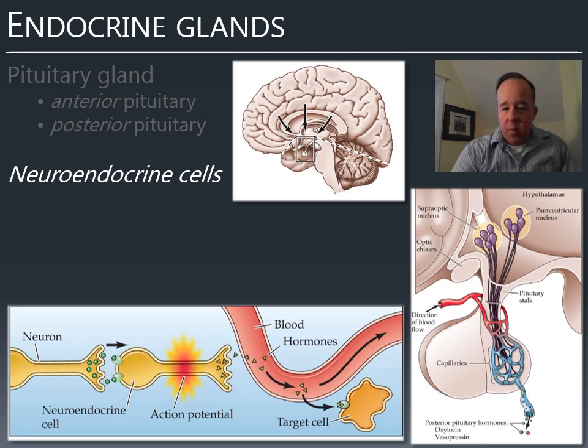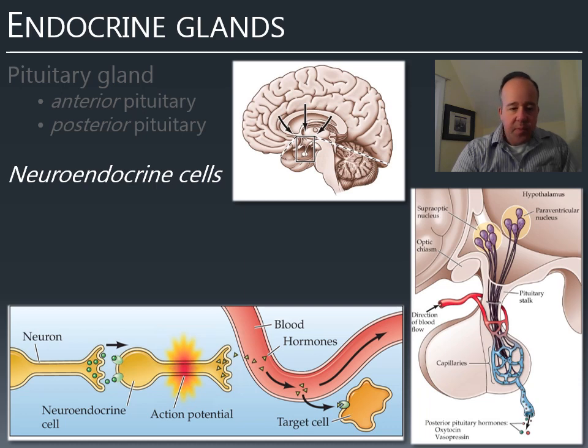And so the posterior pituitary, that is the half of the pituitary gland toward the back of the head, is actually just what would be the axon terminals of these neuroendocrine cells.